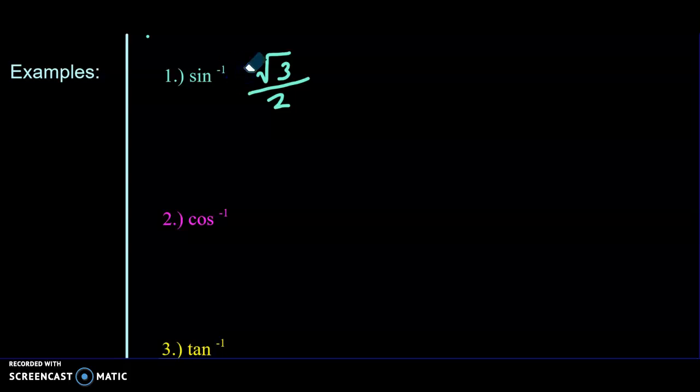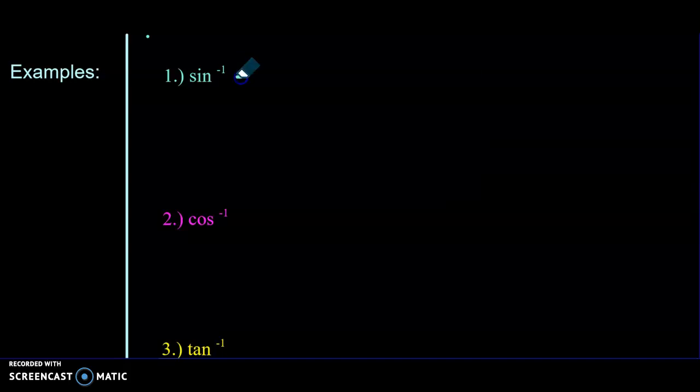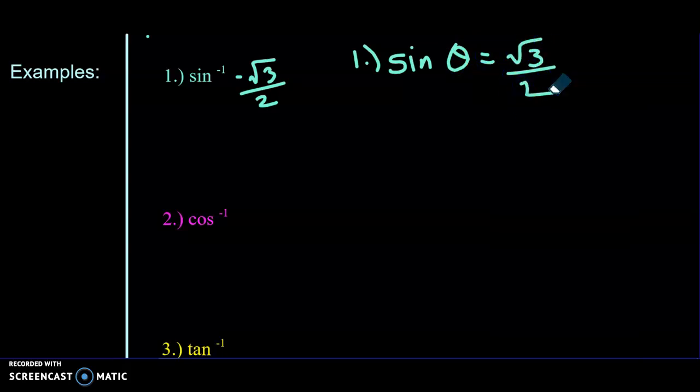So the first step, remember, is to write it as sine theta equals negative square root of 3 over 2. So you're doing the reverse. You're finding the angle.